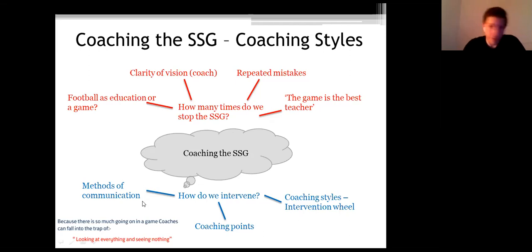You can talk to individual players and you can explain some solutions to them. You can use a tactics board, obviously the visualization. So using tactics boards to explain different tactical concepts in the small-sided game might also be effective. And you might also demonstrate as well, so a physical demonstration.